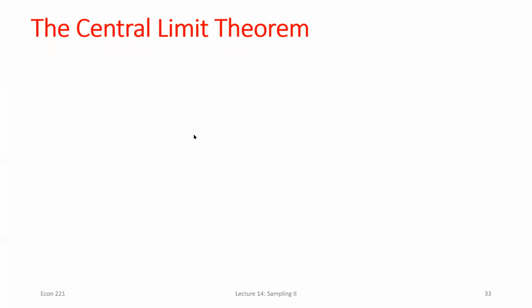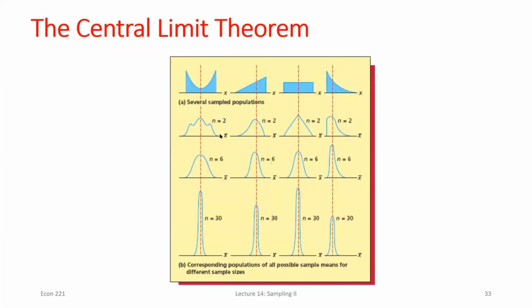Okay. So here's a nice little visual. None of these start out as a normal distribution, right? These are 4 different distributions. Here's a uniform. The others are nothing we've even talked about. Even when I get to samples of size 2, the sample mean distribution starts to look a little bit different.